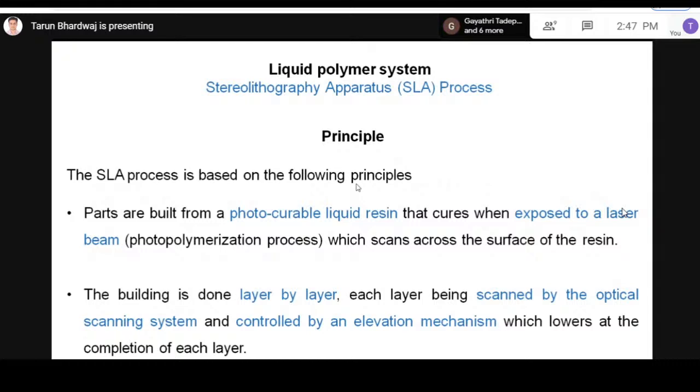Each layer is scanned by the optical scanning system, and it is controlled by the elevation mechanism in the z-axis, which lowers at completion of each layer. If one part is cured, it lowers down, and then the second part is cured. That elevation mechanism basically controls the layer thickness.